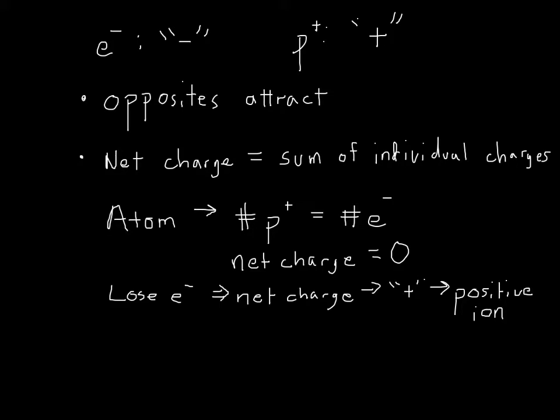If they lose electrons, it becomes more positive, so it's a positive ion. However, we can also have an atom that gains electrons. If it gains electrons, the net charge is going to become more negative. So it's no longer a neutral atom. We have a few more electrons than protons, so we become a little bit more negative. We call this a negative ion.